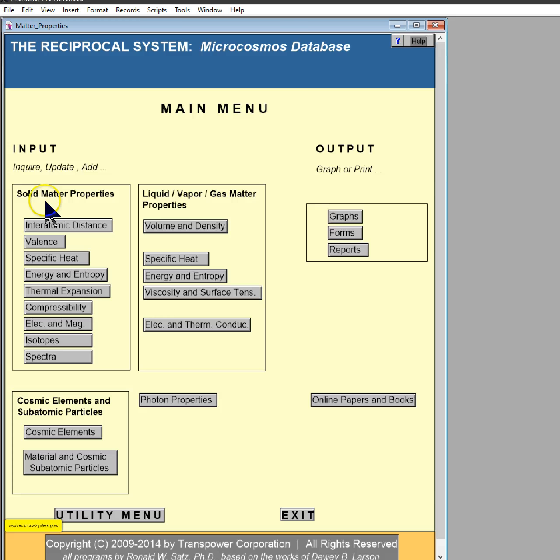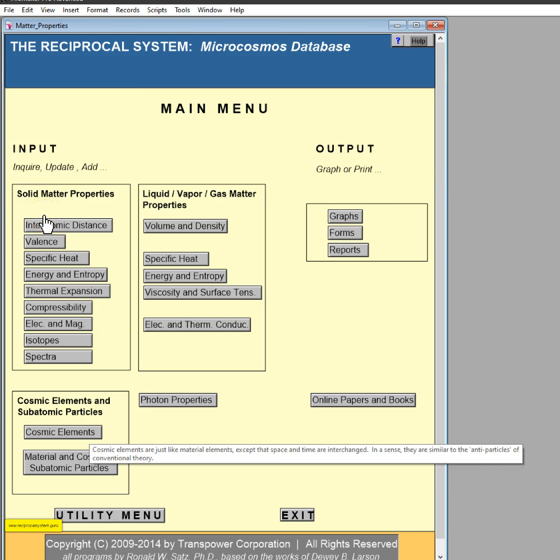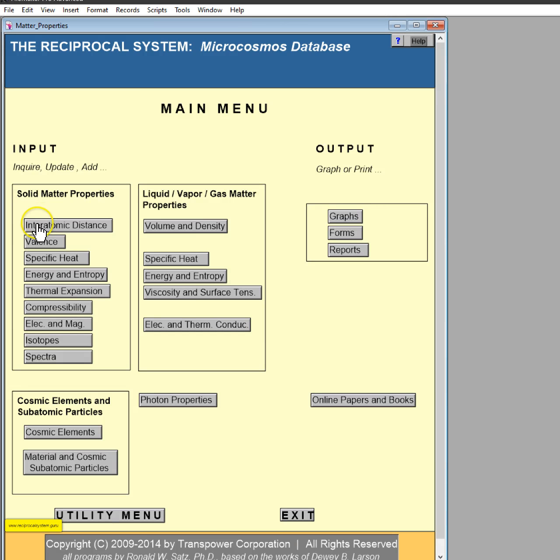Also covers cosmic elements and subatomic particles. Cosmic elements are identified conventionally as mesons. The program also covers the properties of material and cosmic subatomic particles, and of course it also covers photon properties, includes a great graphing program.